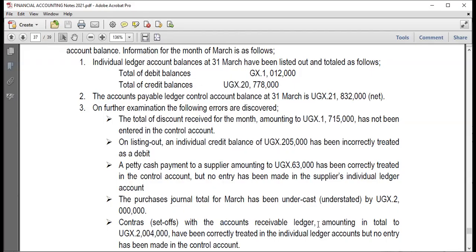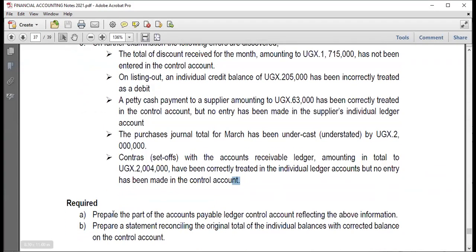So we have such cases. So with that in mind, they're also telling us that contras with the accounts receivable ledger amounting in total to 2 deals had been correctly treated in the individual ledger accounts, but no entry had been made in the control account, okay? So then they're asking us, required: prepare the accounts payable ledger control account reflecting the above information.